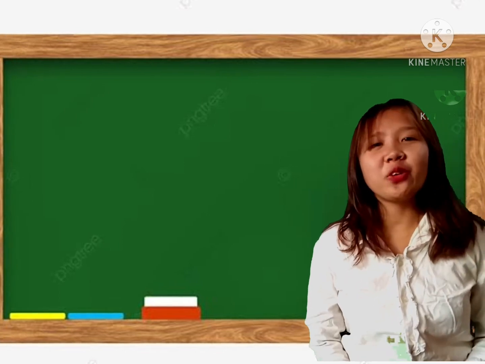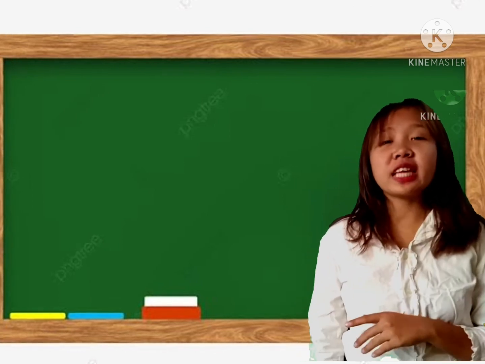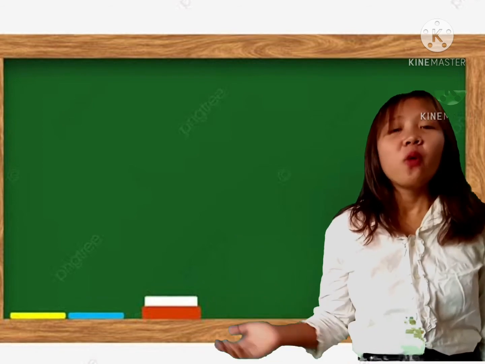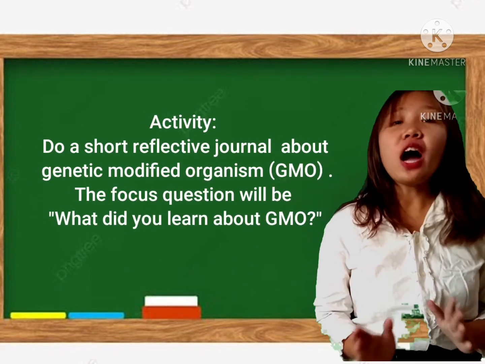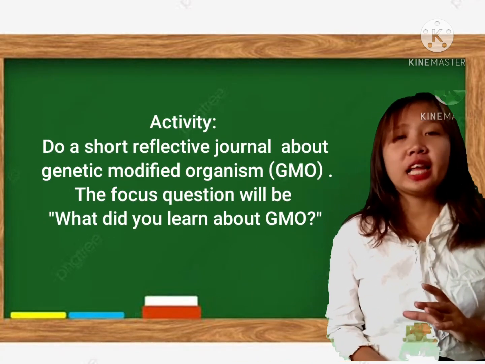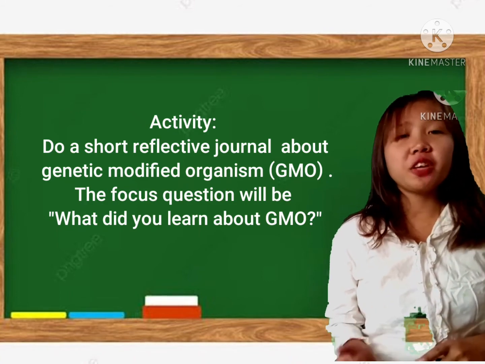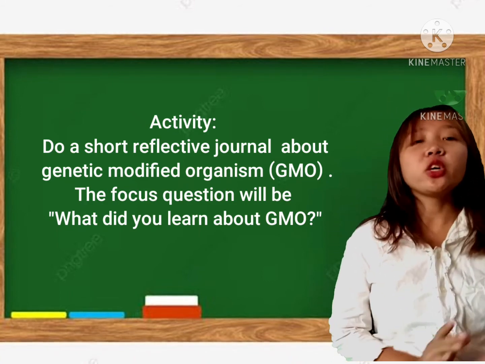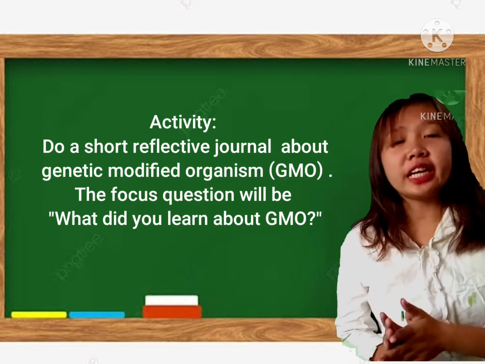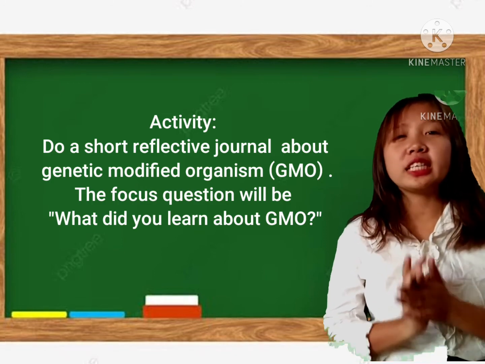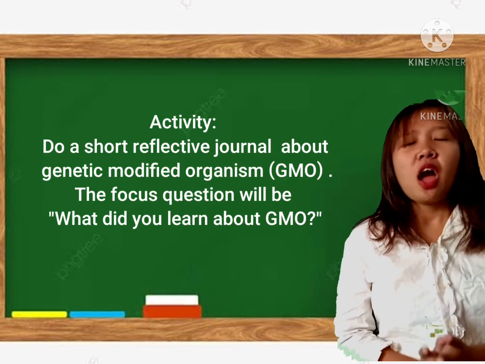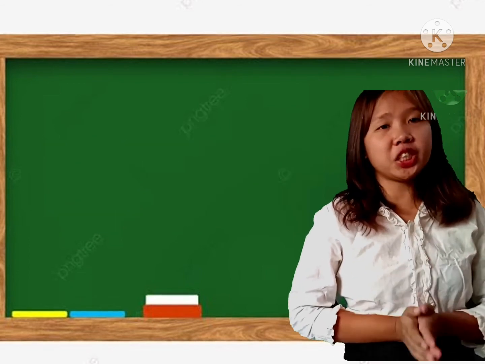I will show you the evaluation posted in our PPT. With directions, do a short reflective journal about genetically modified organisms. So you put in there what you learned about the GMOs. I have a question.